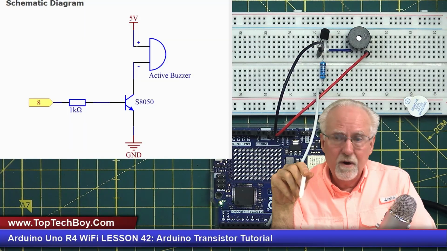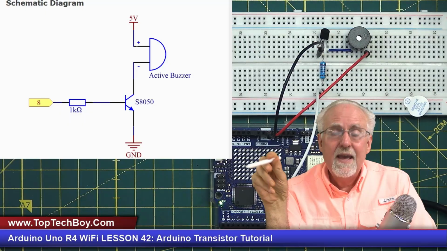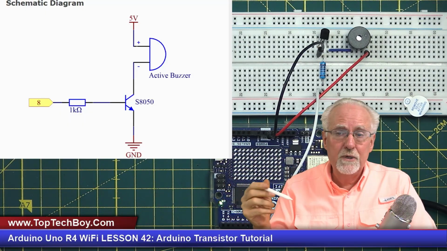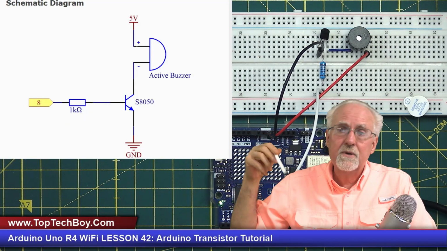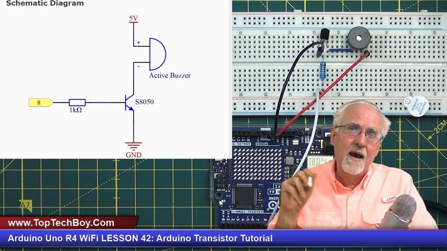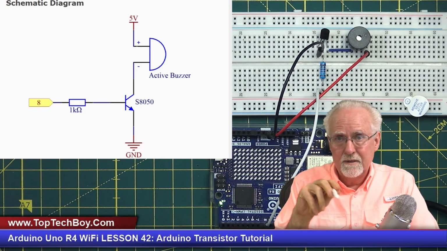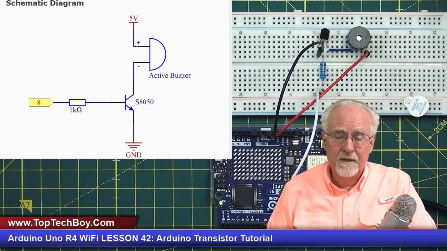A base current of a milliamp will turn that transistor on, and then it will draw a very large current, 300 times. So the collector current coming down through the buzzer will be 300 times as large as the base current. Okay, so the base current is small, and the collector current is large.